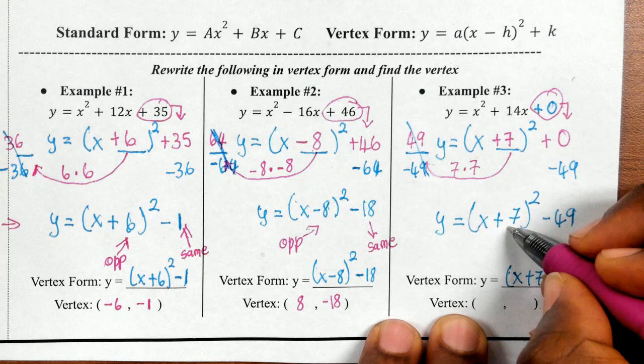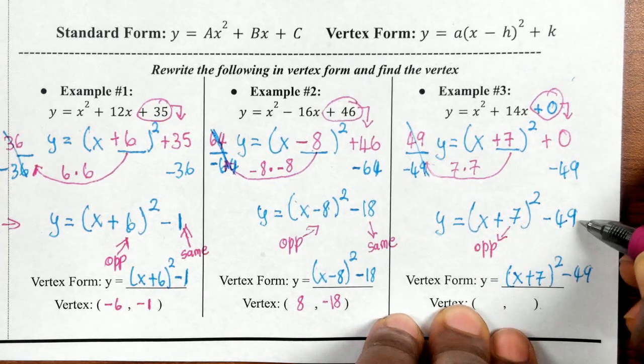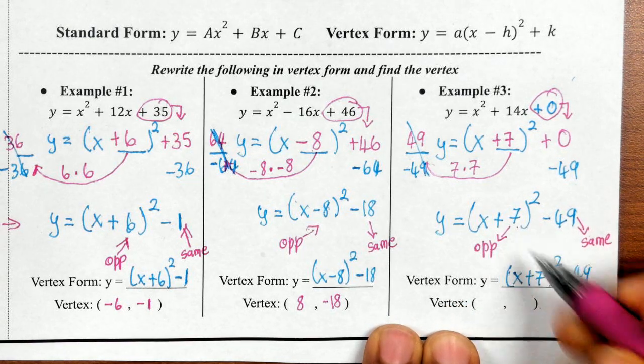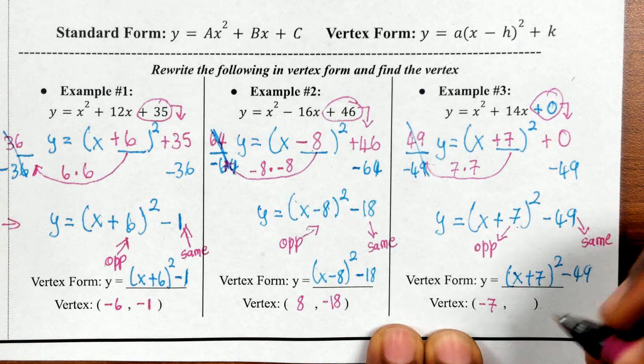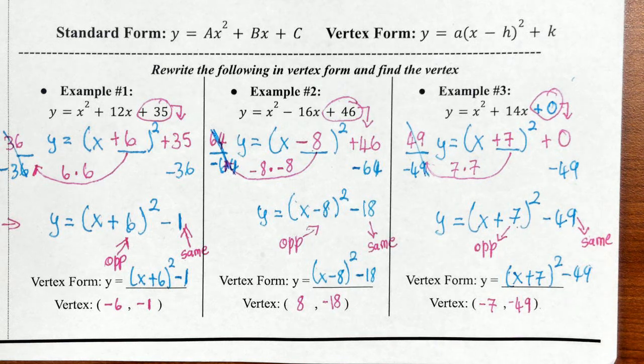And then to evaluate your vertex coordinate, you do the opposite of this inside number, and then the same as this outside number. Opposite of a positive 7 is negative 7. Same as a negative 49 is negative 49. And those would be our answers. So again, guys, just like that.